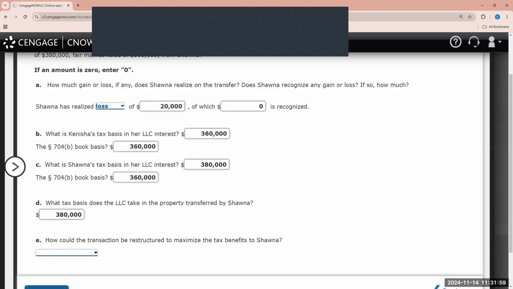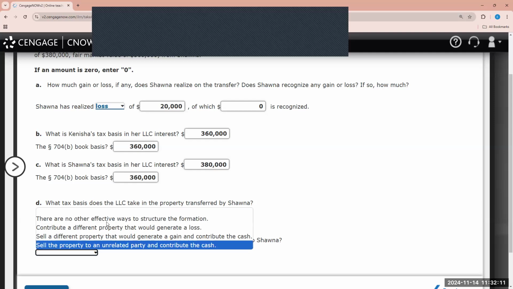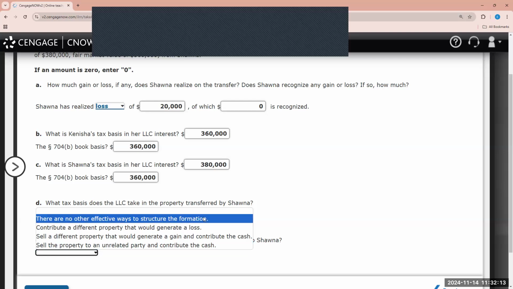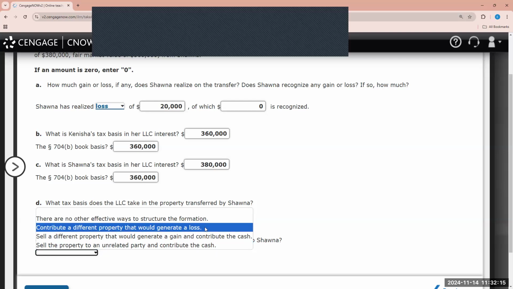And now the last part of the question asks, how could this transaction be restructured to maximize the tax benefits to Shauna? Because obviously there's a loss on the property. There are no other effective ways to structure formation? Not true. Contribute a different property that would generate a loss? No, that's basically what we're trying to avoid.